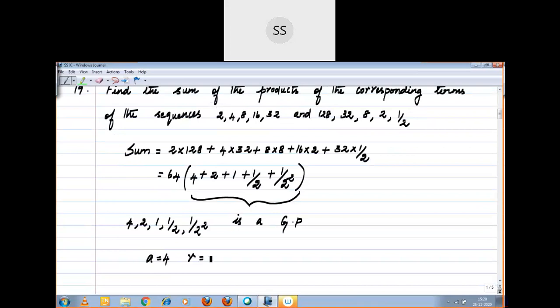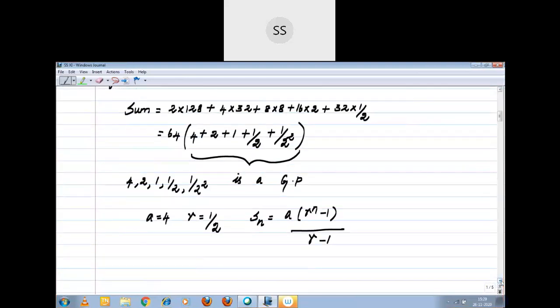R equal to second term divided by first term, that is 1 by 2. How many terms are there? Sn equal to A into R power n minus 1 divided by R minus 1. Here there are 5 terms, so n equal to 5.